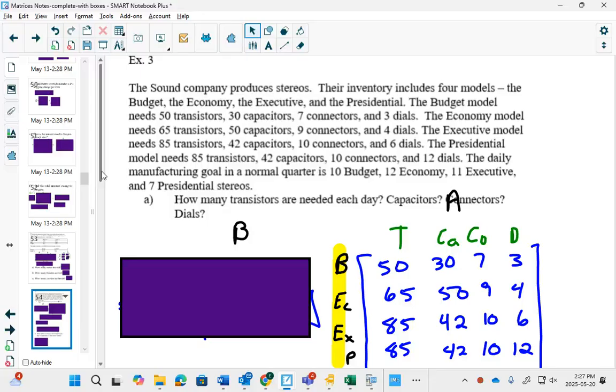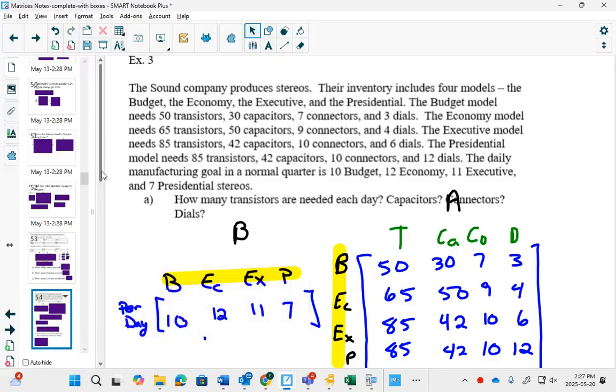Now, because I made my matrix this way, with the models down the side, I have to make sure I make my matrix of how many I make each day with the models along the top. Does that make sense? I can't put the models along the top on the left-hand side, because then they won't match up.